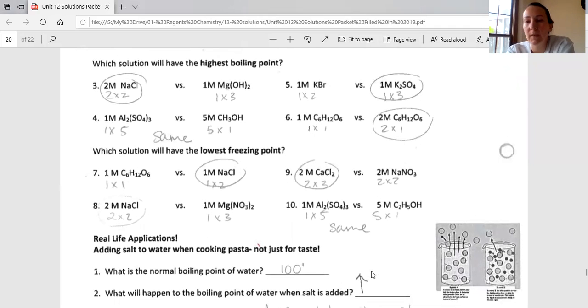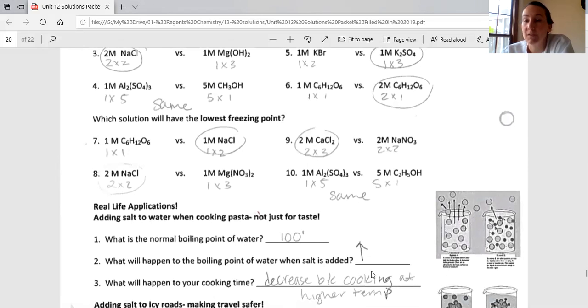Since I'm boiling at a higher temperature, let's say I add my pasta as soon as it starts boiling. Normally it boils at 100, I add my pasta, let's say it takes 10 minutes. If I'm boiling at 105 degrees now, I add my pasta, the cooking time is going to go down. A lot of people add salt for flavor, but it also decreases your cooking time.